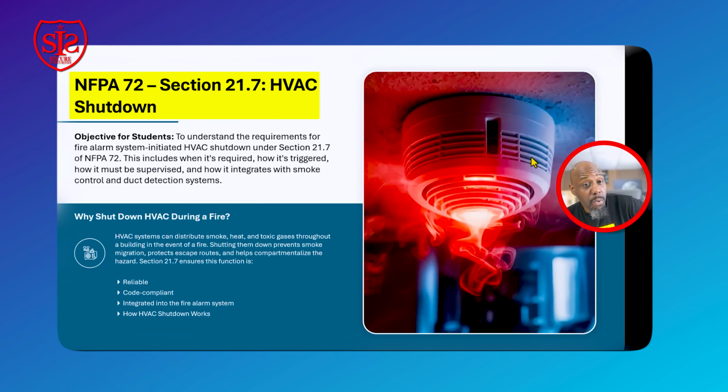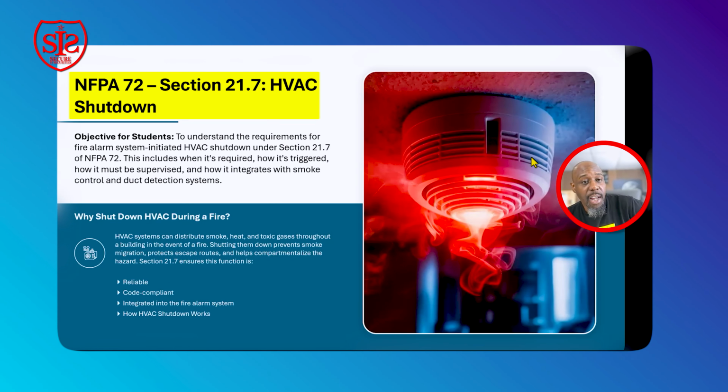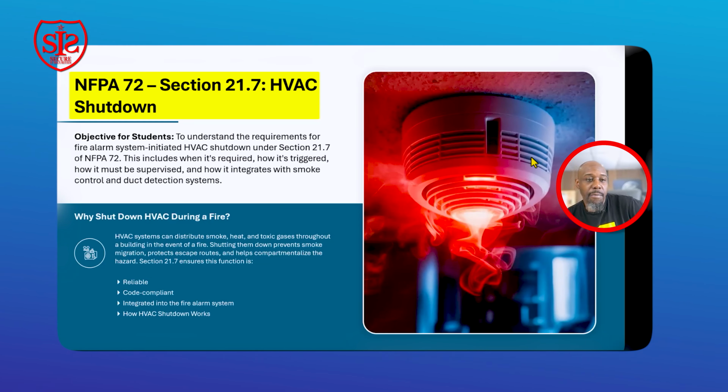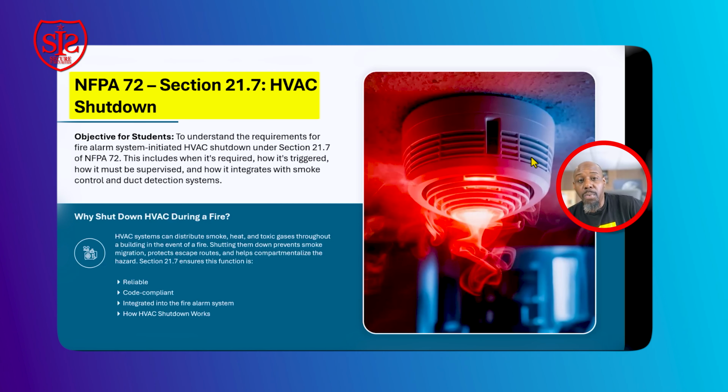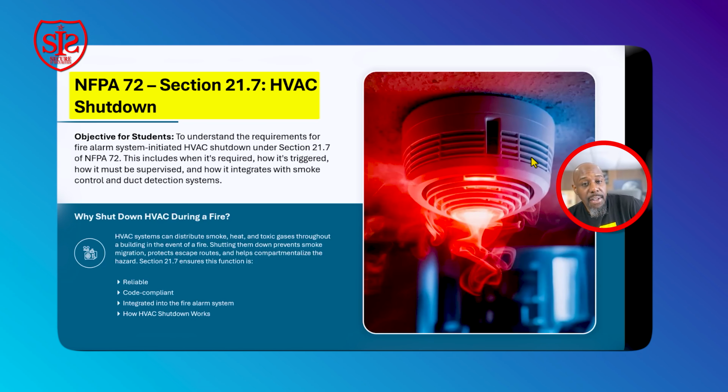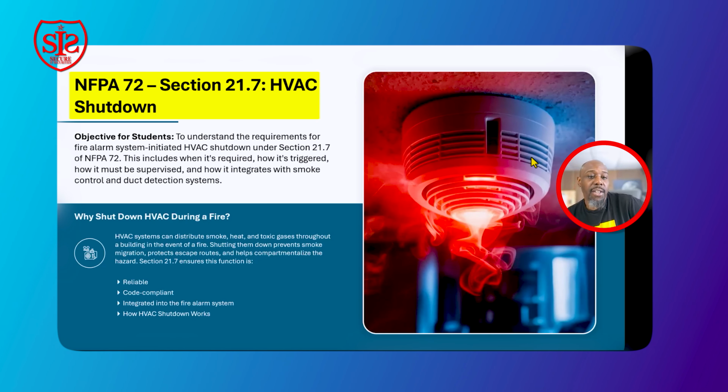So now let's move on to section 21.7, where we talk about HVAC shutdown. This is to help you understand the requirements for fire alarm system initiating HVAC shutdown under section 21.7 of the NFPA 72. This includes when it's required, how it's triggered, how it must be supervised, and how it integrates with smoke control and duct detection systems.